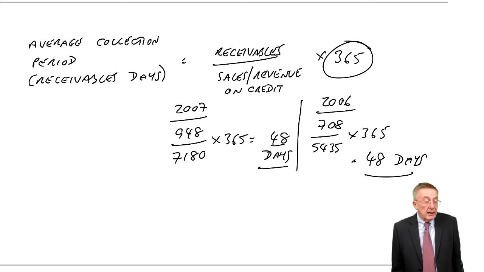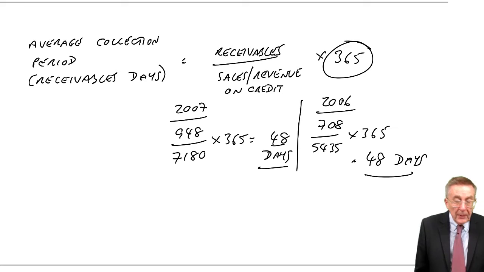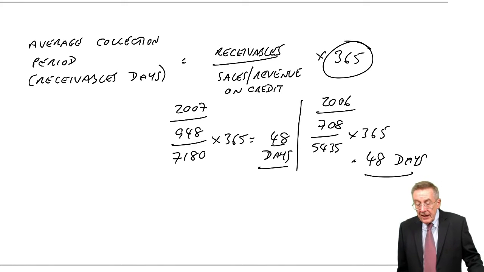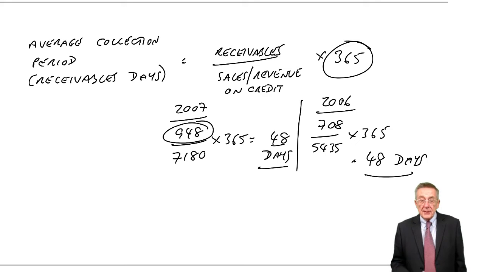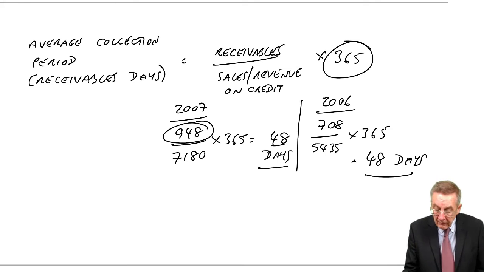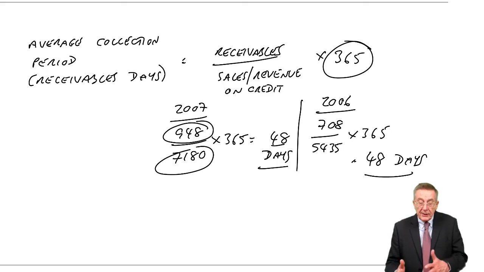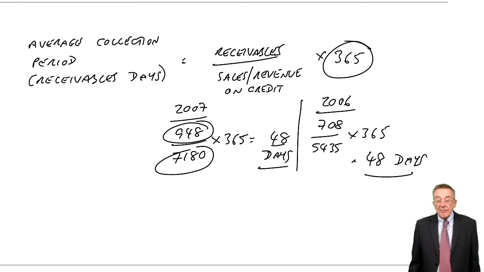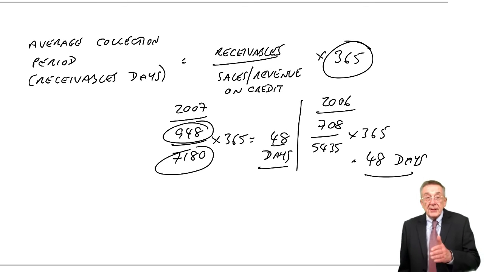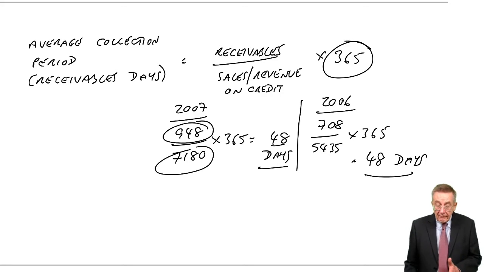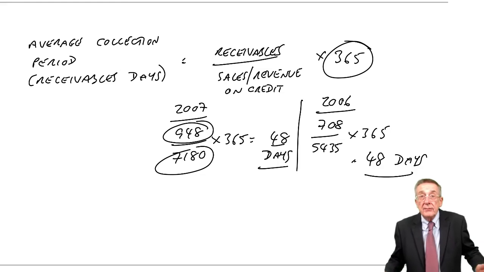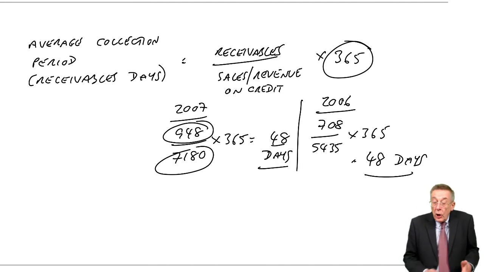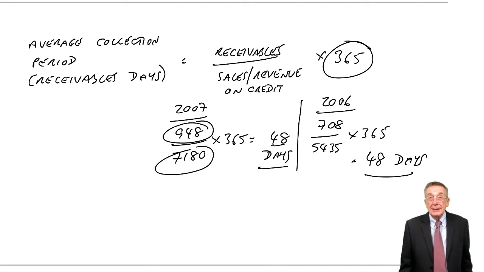Finally, one problem to be aware of here is that we're using the end of year receivables compared to the sales for the year. And it could be that at the end of the year, the receivables are unusually high, perhaps we've just done a lot of invoicing, or maybe they're unusually low.